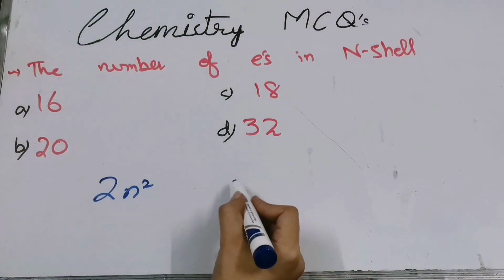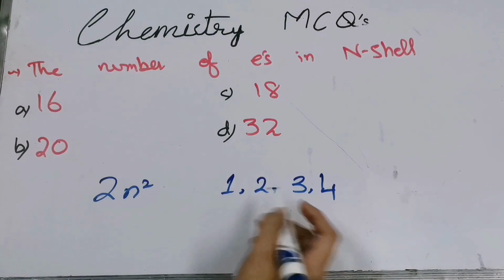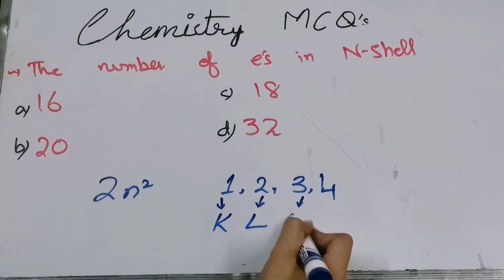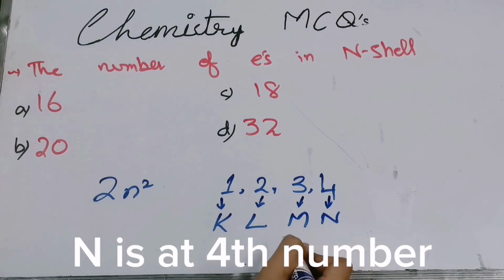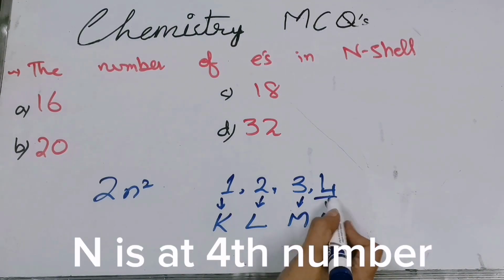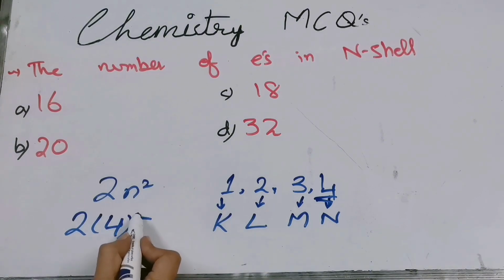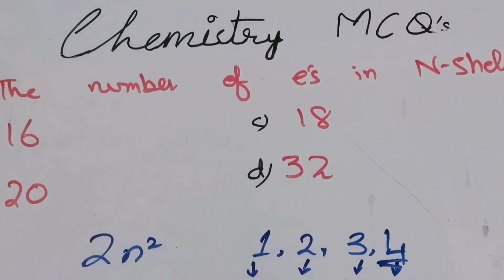For n we know that 1, 2, 3, 4: 1 is for K, 2 is for L, 3 is for M and 4 is for N. So n is equal to 4. So we will put here 2 into 4 whole square. So the correct option is option D. 32 electrons will be present in n shell.